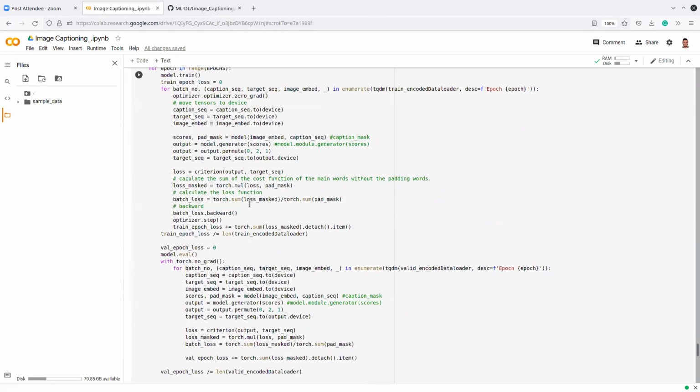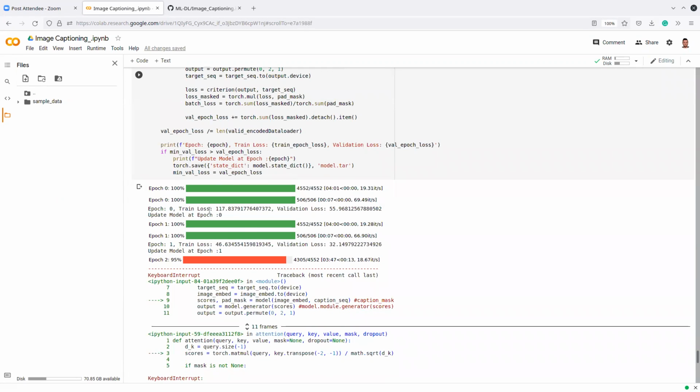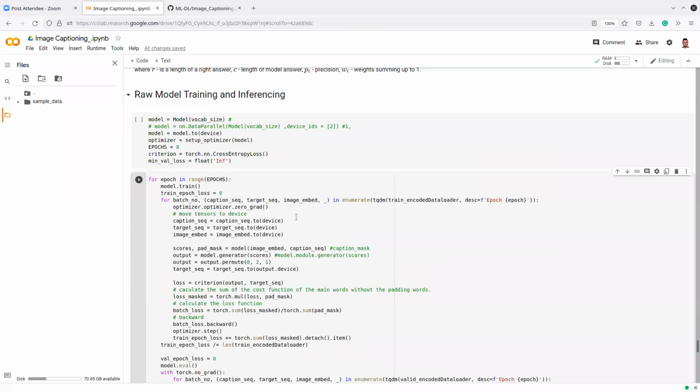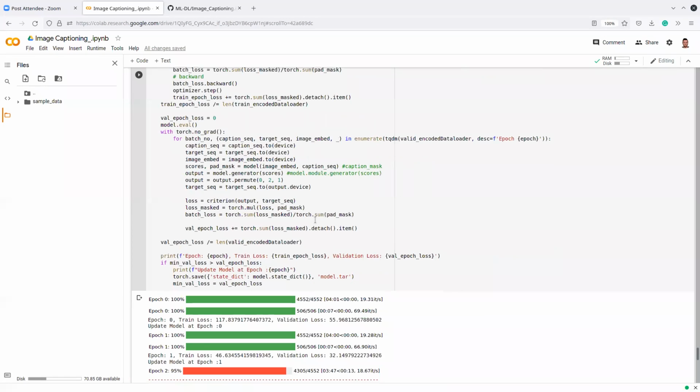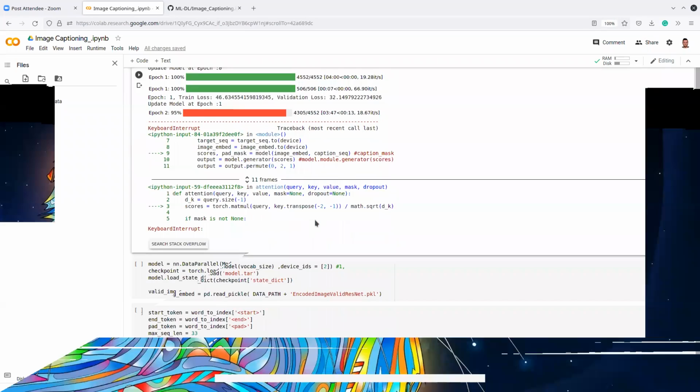I built the model from scratch and I trained it. It increased the cost, but Google Colab didn't give me enough time to train the model. And I found that this implementation of the transformer doesn't converge stably. Like it iterates and doesn't give good results.